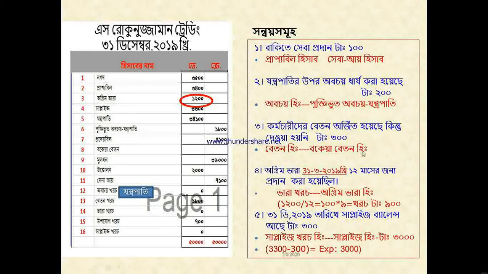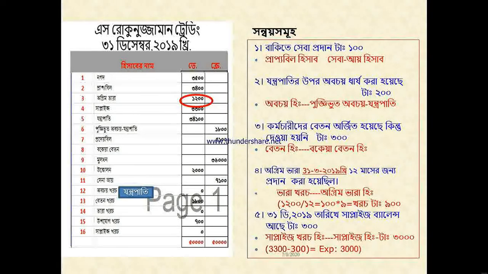So the adjusting entries will be rent expenses debit and advance rent credit. We know very well that all expenses and losses will be debit. If any asset comes into the business, it will be debit. If any asset goes out from the business, it will be credit.